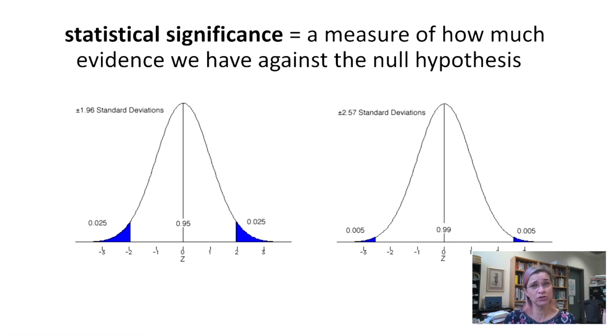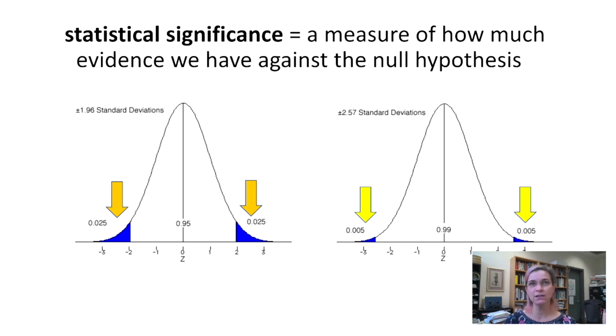Well, most people choose either a 95% confidence or a 99% confidence. And you can see these two options plotted here. If your unknown data point falls out in the tails of the distribution, so here for the 95% confidence, or here for the 99% confidence, we would reject the null hypothesis.